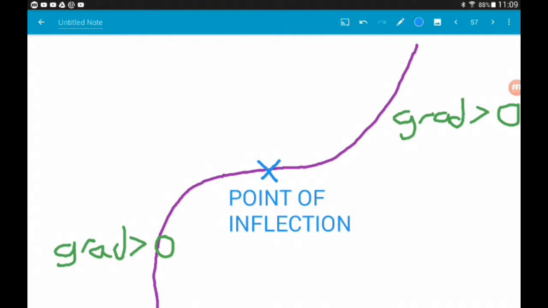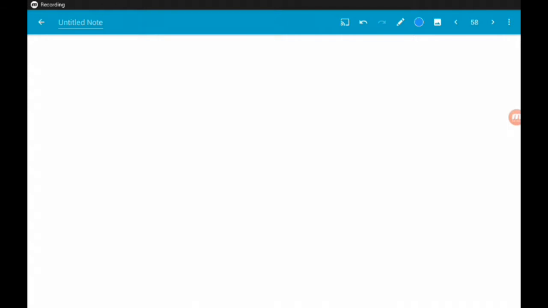So now we're going to have a look at finding the coordinates of these points. Nicely, there is a set routine to doing this. Remember, a stationary point is a point on a curve where the gradient is equal to 0.